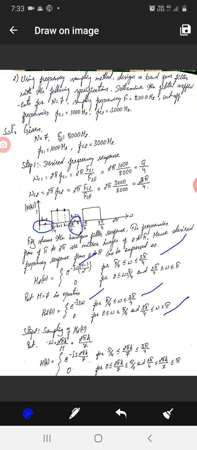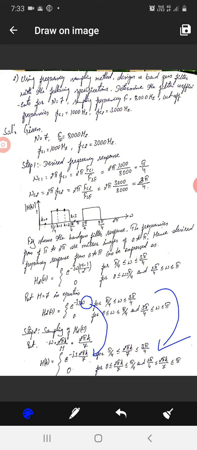Next we have to go for the sampling of the desired frequency response. In this case we have to substitute omega as 2 pi k divided by 7. The M value is 7, for that reason substitute 7.